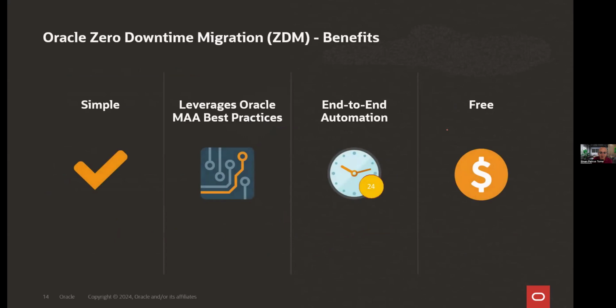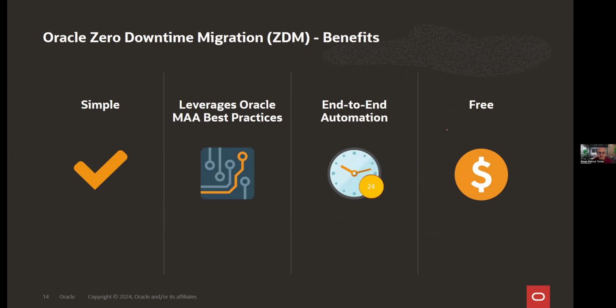And Oracle ZDM, to give you a short introduction if you haven't heard about it before, is a free software provided by Oracle that allows you to automate your Oracle database migrations end-to-end. You just provide the database connectivity to the source database, to the target environment, the configuration file, and then it automates the entire migration for you.